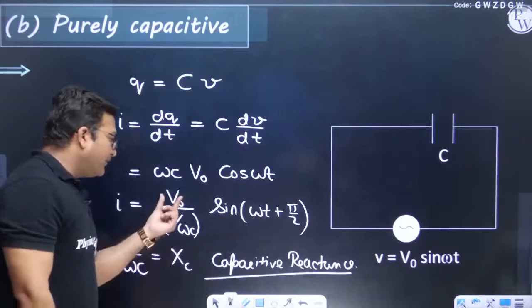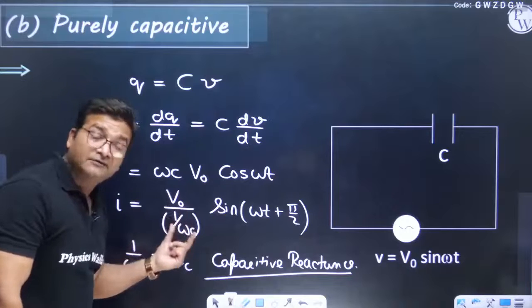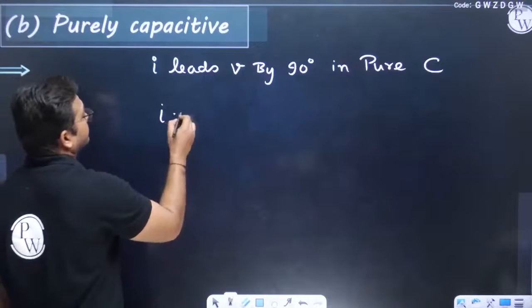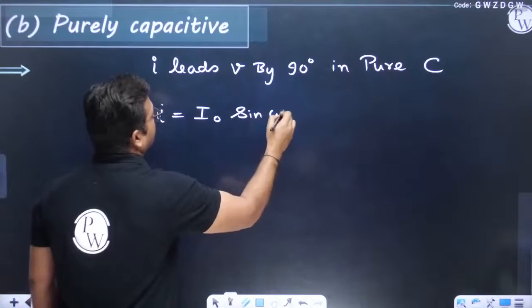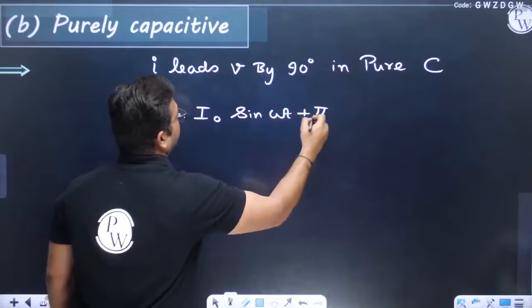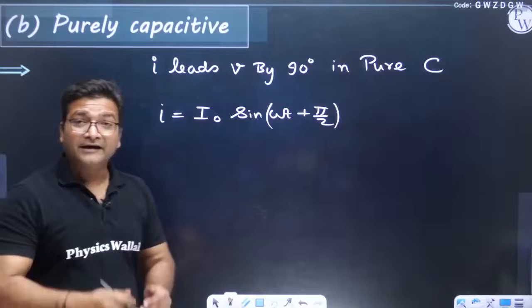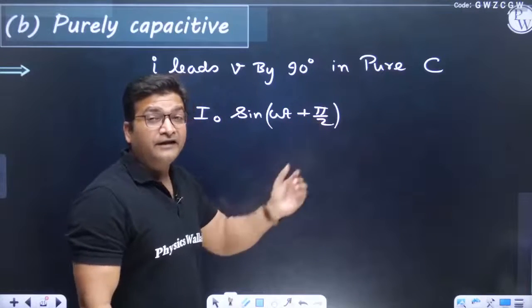This quantity V naught by XC is obviously the maximum value of current. So we can write the current as I naught sine omega t plus pi by 2. This is the formula for current, and if we have omega t plus some angle, we say the current is leading.